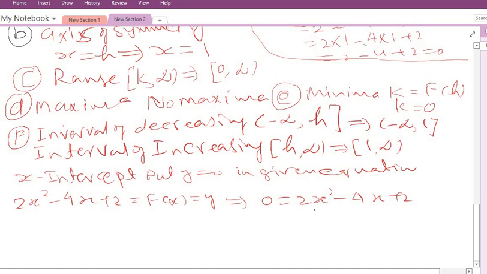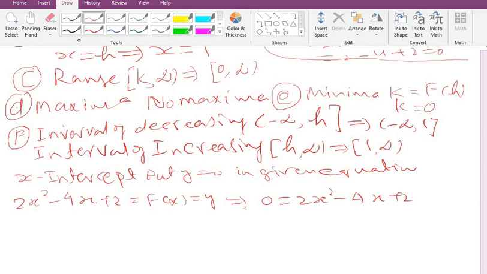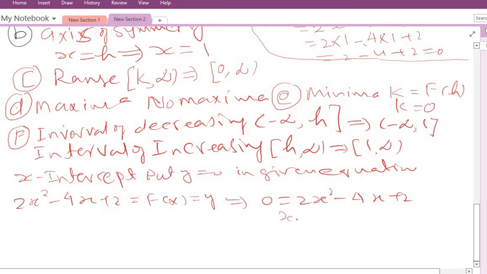When you simplify, we can factorize it by using a calculator or any way. When we factorize it, we will get x minus 1 and 2x minus 2 equal to 0.